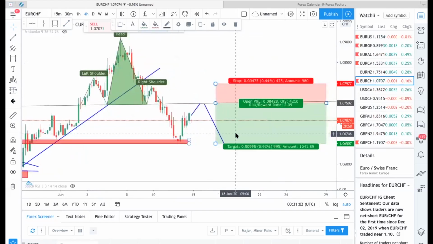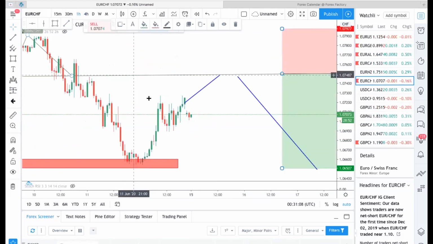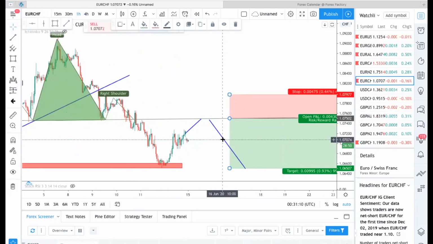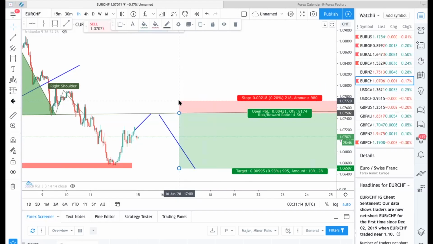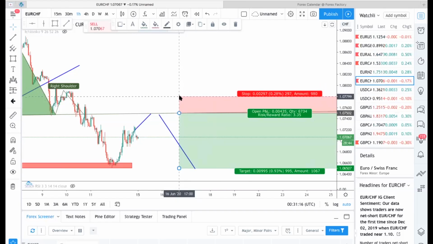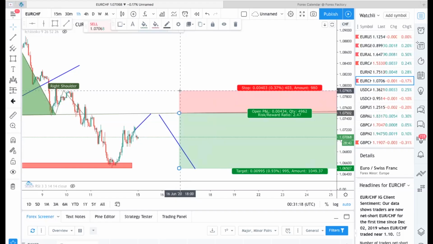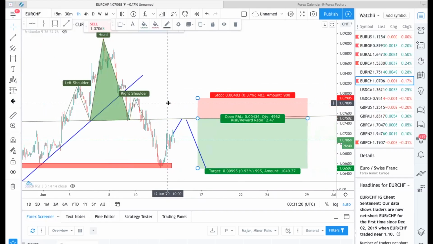This stop loss is too wide. It's a 4 hour still, but let me see it on the 1 hour. The stop loss can be somewhere about here. So I'm gonna watch this trade in the coming weeks.